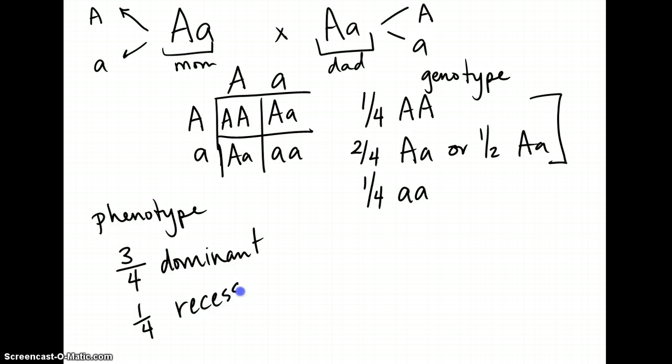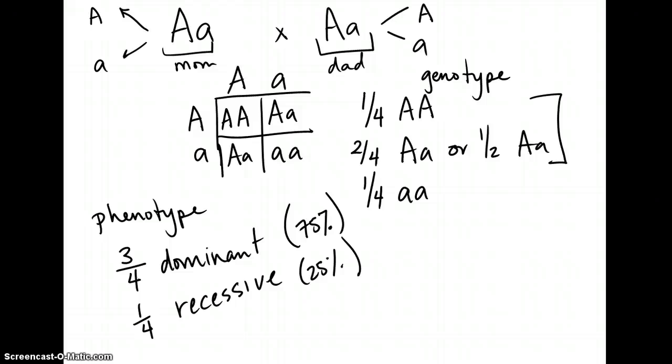And we can also write those in percents. So 75% chance and a 25% chance. Okay? So those are your simple Punnett squares, and these are where you have traits that are just based on one gene.